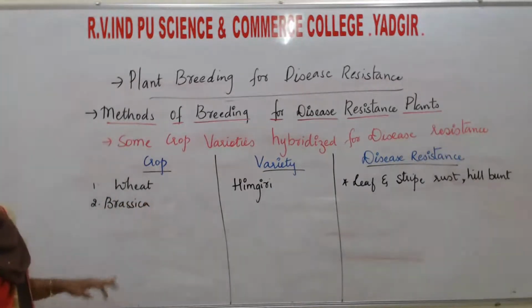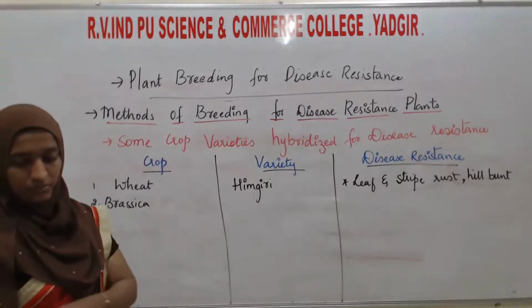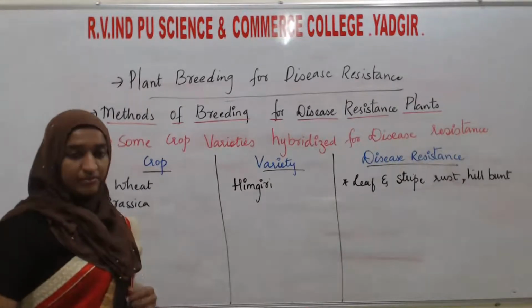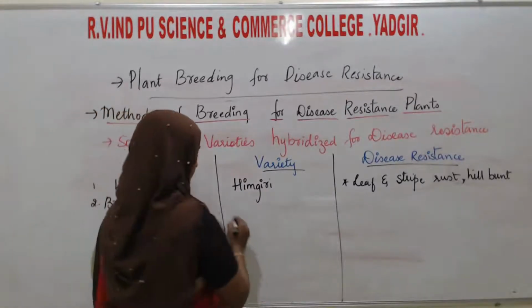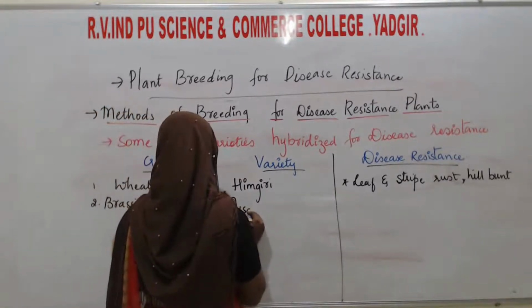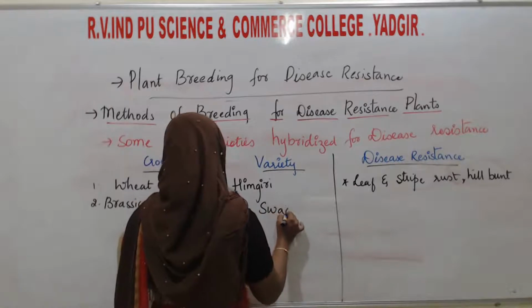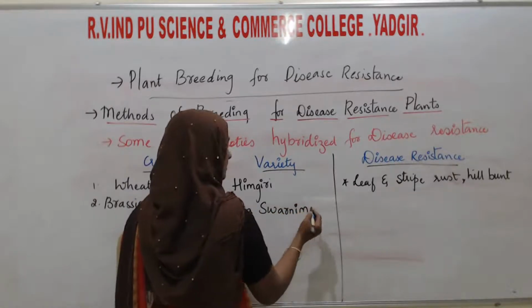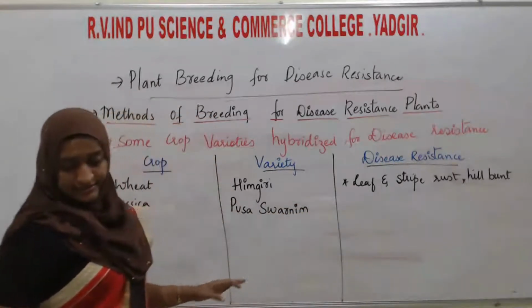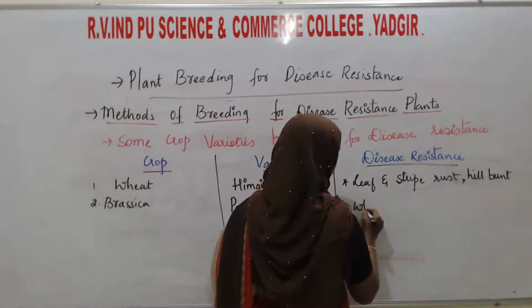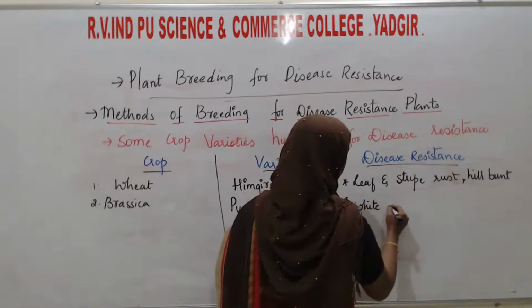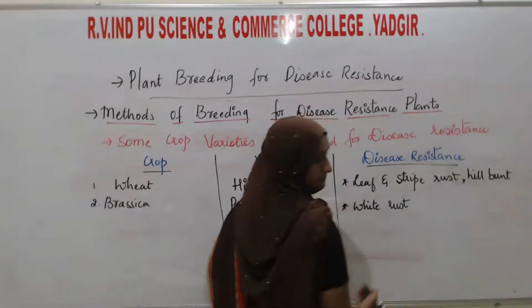What is the new variety which is developed as a disease resistance means Pusa swirling. And the disease resistance means that is white rust. This is also one of the fungi, white rust.